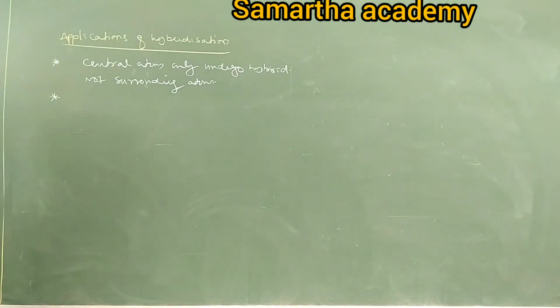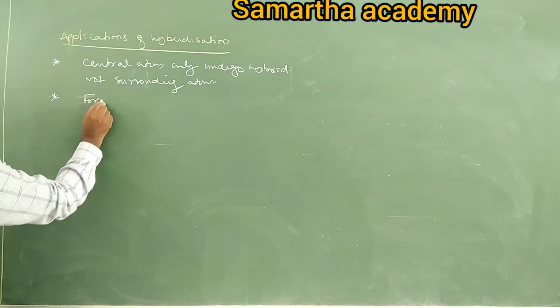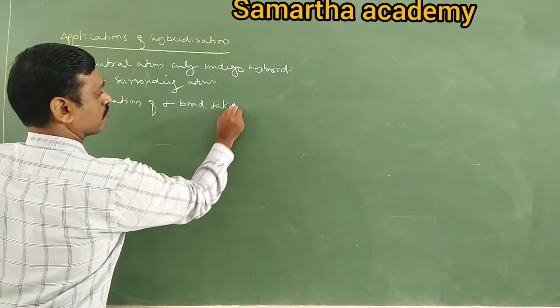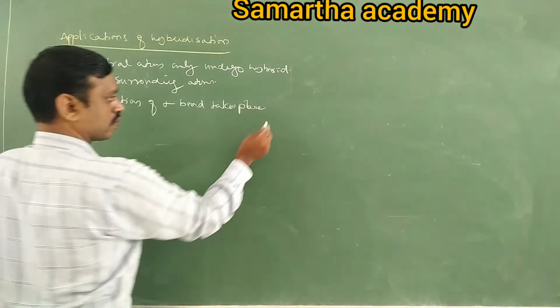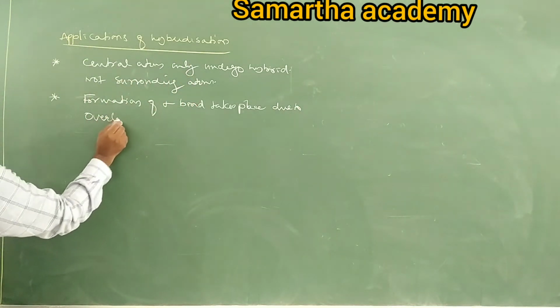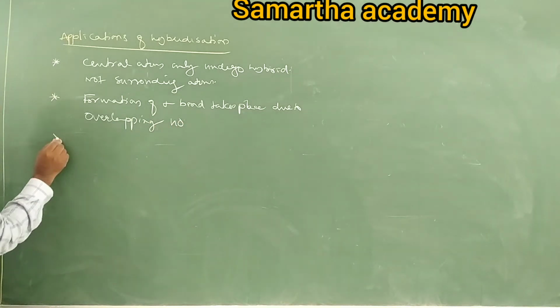A sigma bond is always formed by overlapping of hybrid orbitals, whereas a pi bond is formed by overlapping of unhybrid orbitals. So the second application: formation of sigma bond takes place due to overlapping of hybrid orbitals.